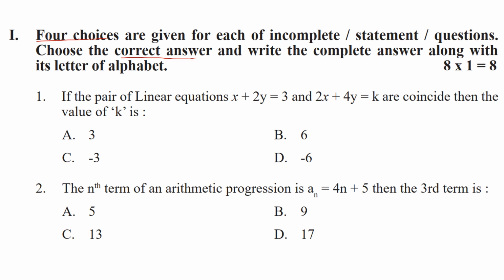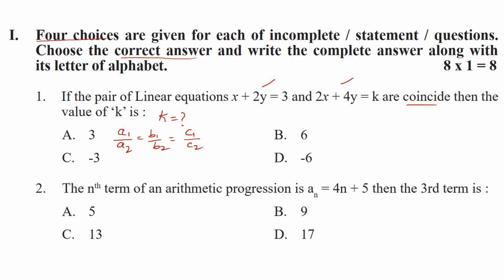If the pair of linear equations x plus 2y is equal to 3 and 2x plus 4y is equal to k coincide, then what is the value of k? They have given 2 equations and the condition is coincide, right? So what is the formula? The formula is a1 divided by a2 is equal to b1 divided by b2 is equal to c1 divided by c2.